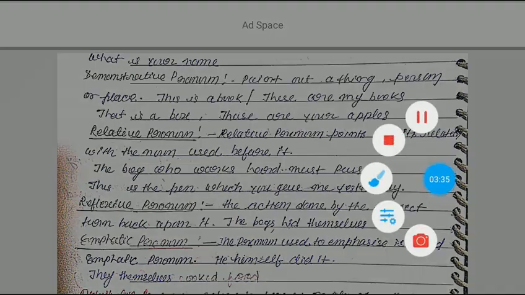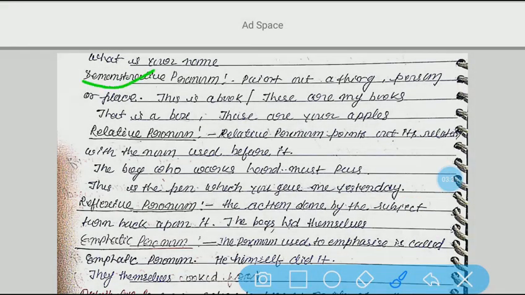Now come to another type, that is demonstrative pronoun. You can see here, a demonstrative pronoun basically points out a thing, a person or a place. In this demonstrative pronoun, we use this, these, that, those.